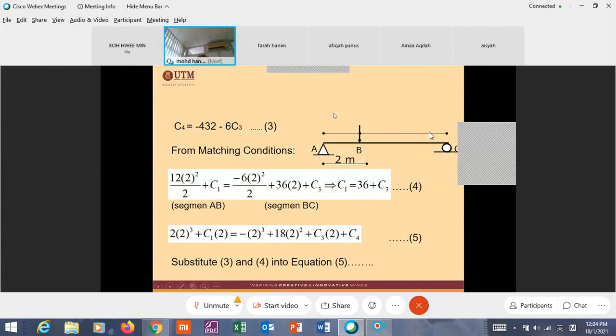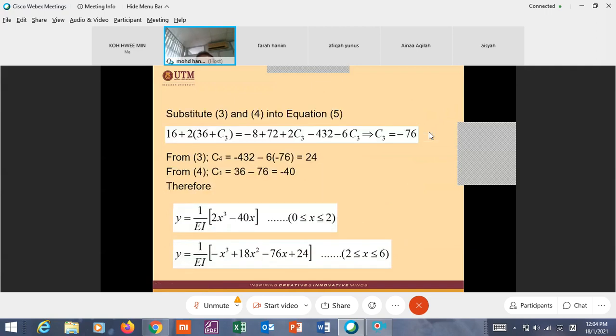What happens if x equal to 2? If you substitute x equal to 2 here and here, both equations will give the same value. That's what we call the compatibility or matching condition.